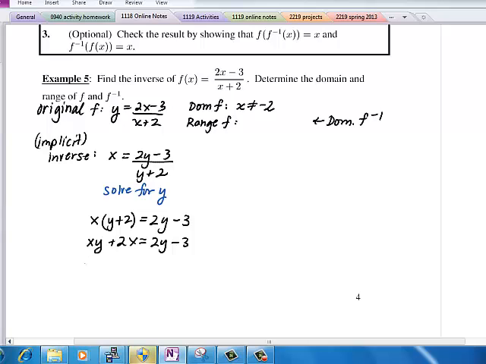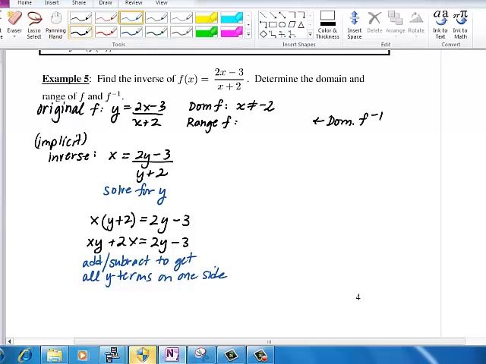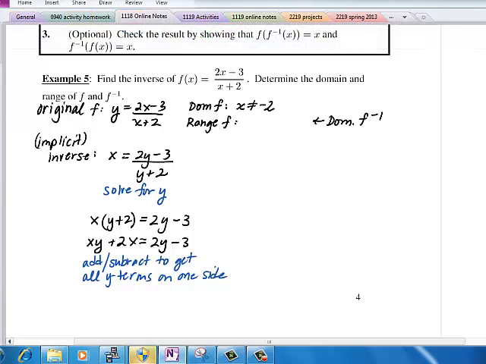We want to add or subtract to get all terms involving y on one side and everything else on the other. So I want to move the 2y over, so I would want to subtract. So I'd have xy minus 2y, and then I want to move the 2x out of the way because that doesn't have a y in it, so I would subtract 2x. So I'd have negative 3 minus 2x on the other side.